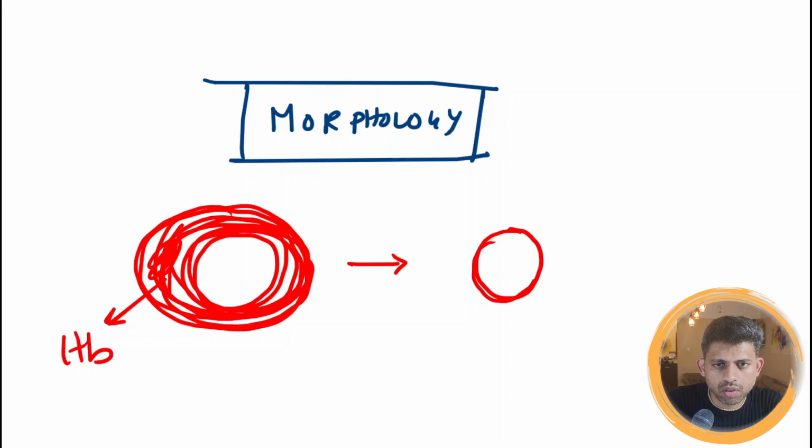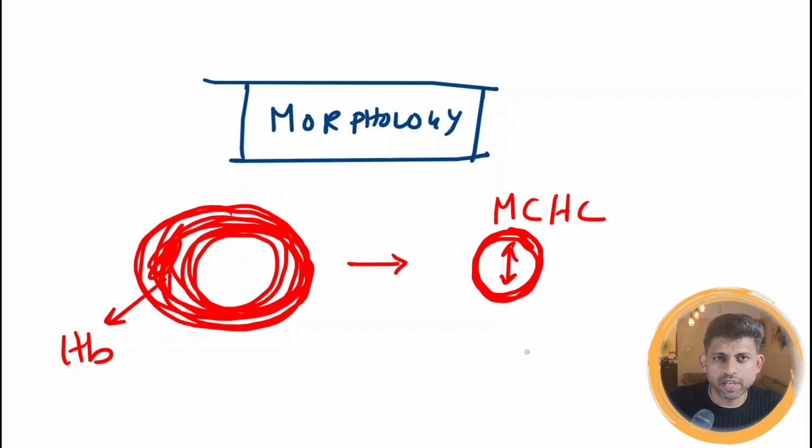Also, since hemoglobin is the main thing which gives color to RBCs, the central pallor is increased. So what you get is small sized RBCs with reduced color. They are called microcytic or small sized, hypochromic or RBCs with less color. So in iron deficiency anemia, you classically get microcytic hypochromic anemia.